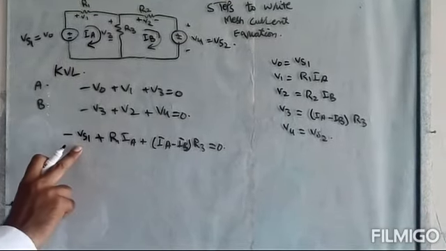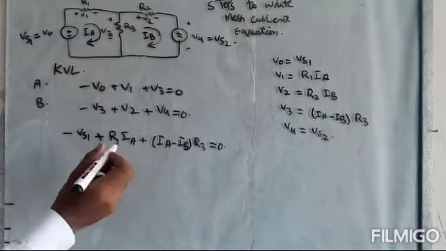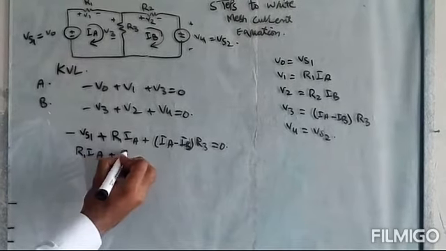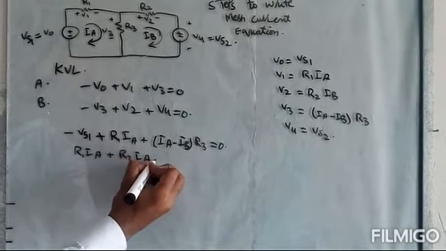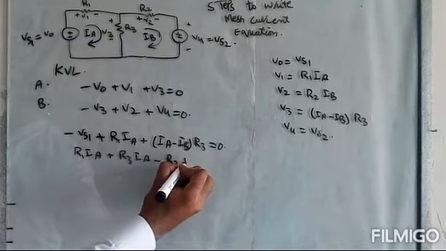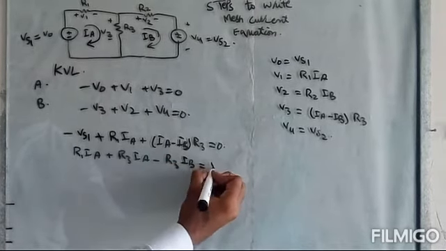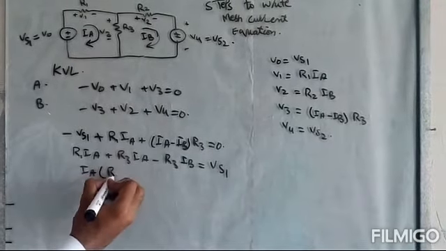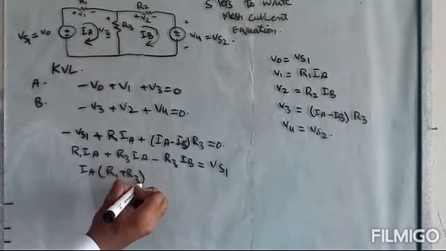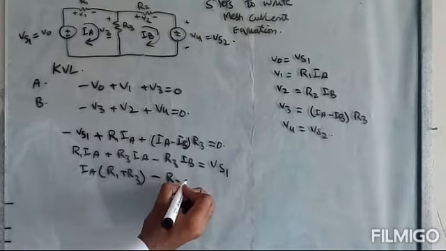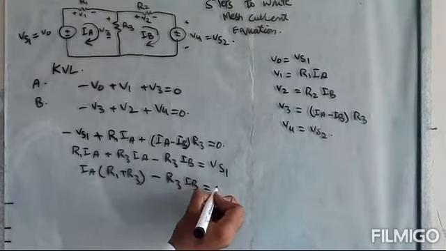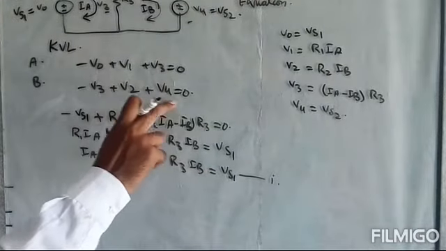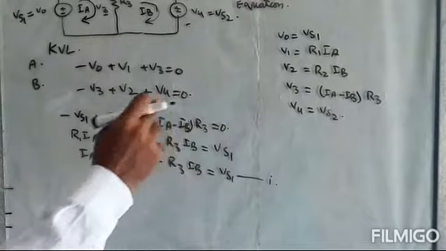We can take this on the other side, R1 IA plus R3 IA minus R3 IB is equal to Vs1. IA can be taken common, IA into R1 plus R3, minus R3 IB, and it is equal to Vs1. This is our equation.